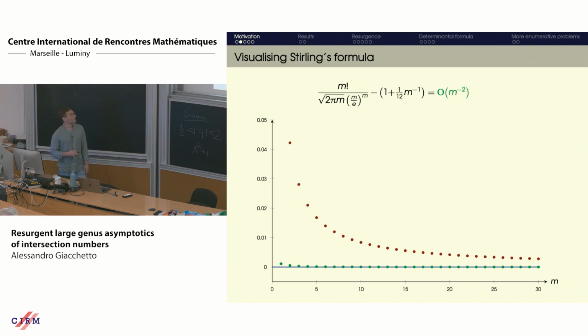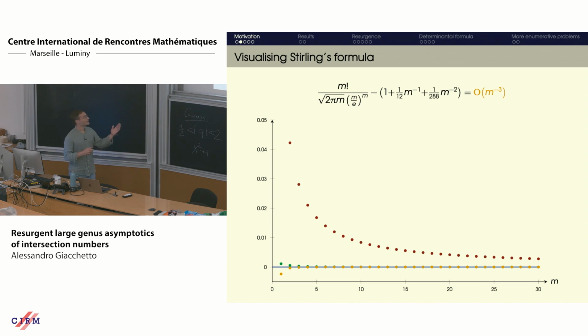If you look at the subleading correction, adding 1/12 m to the -1, these are the green dots here. You can see that this approaches 0 way faster, in this case like m to the -2. You can plot here the third correction. You don't even see the improvement, you should zoom in to understand that you're doing even better.